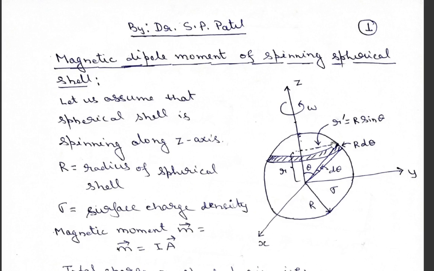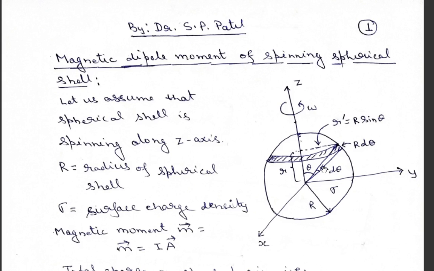Okay, so the idea here is, if we are able to find out the magnetic dipole moment due to this circular ring, then we can find out the magnetic dipole moment due to the whole spinning shell. To do that, we have to find out the current associated with the circular ring of thickness r d theta and radius r sin theta, and the area of the circular ring.